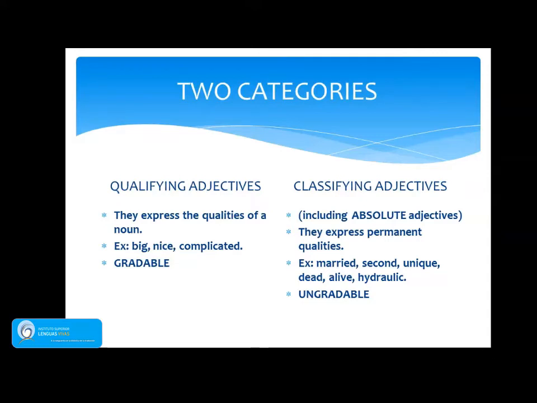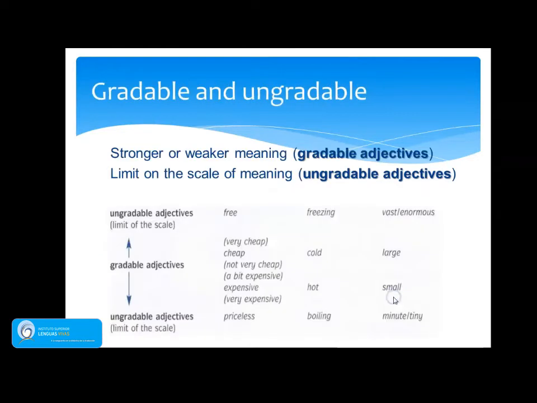They express permanent qualities such as married, second, and unique, and they are ungradable, whereas qualifying adjectives are gradable. And now we're going to see what gradable and ungradable means.